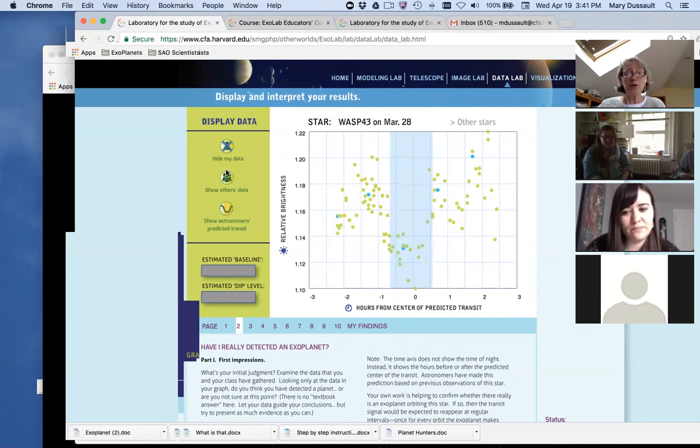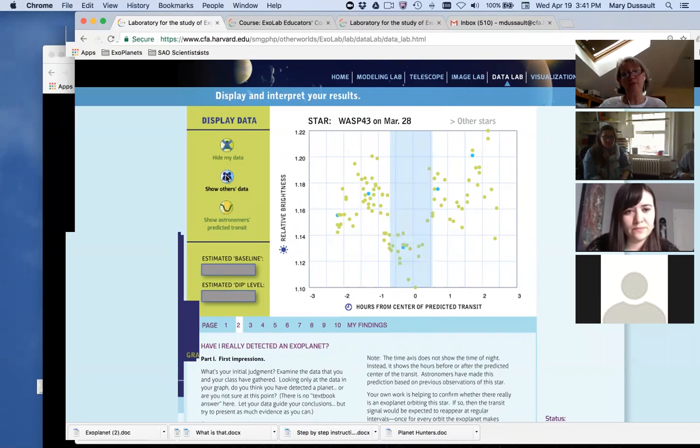The other thing you can do is show the data from another epoch, another night when WASP 43 was transiting, and this is data from other students from the ExoLab. So again, our data is somewhat in agreement with that.